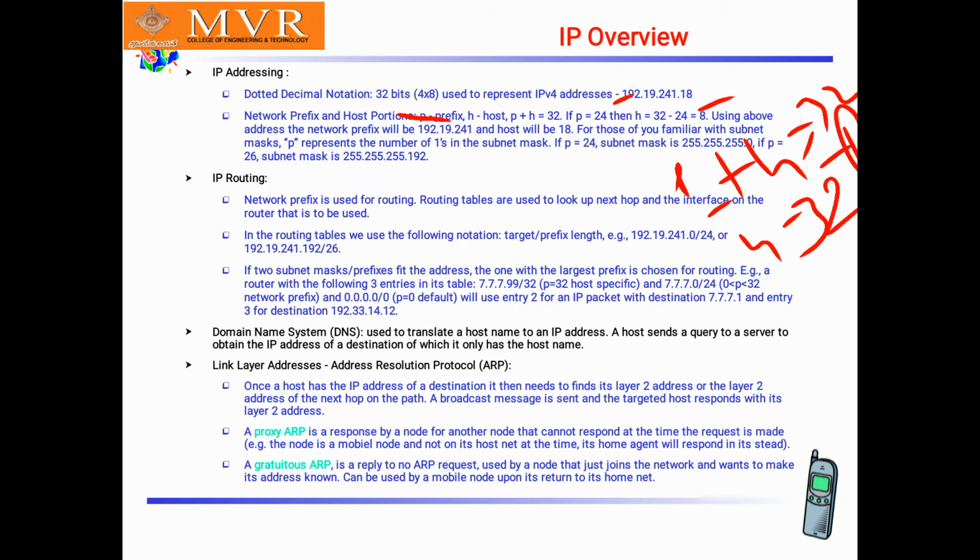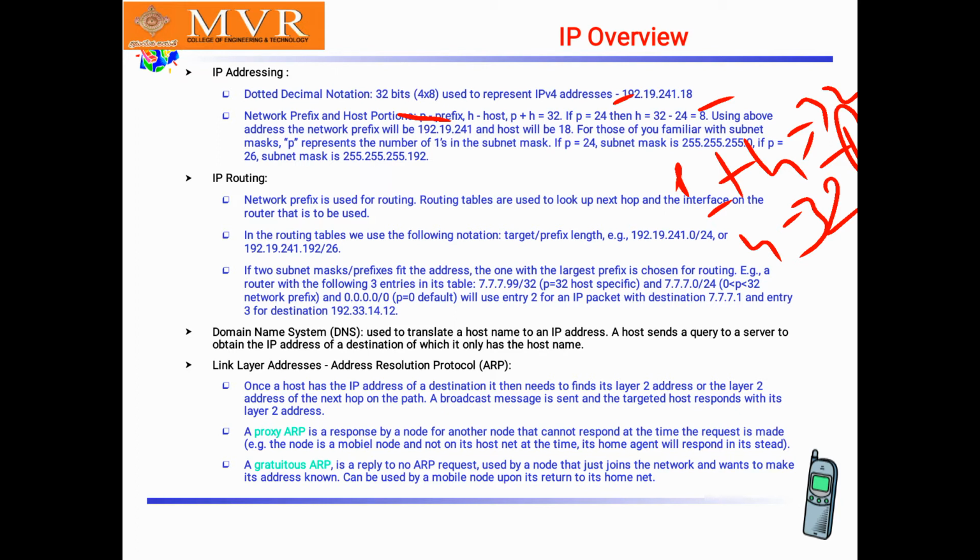In the routing table, the following notations are used: target and prefix length. For example, 192.19.241.0/24, or 192.19.241.192/26. So the prefix length is based on the target notation. If two subnet mask prefixes fit the address, the one with the largest prefix is chosen.